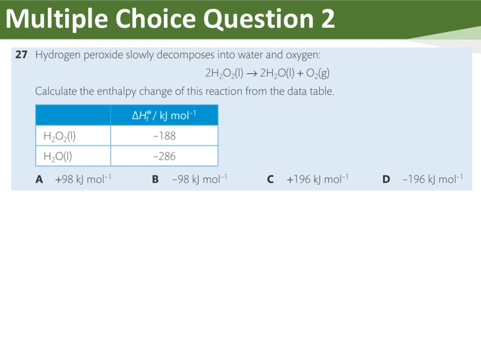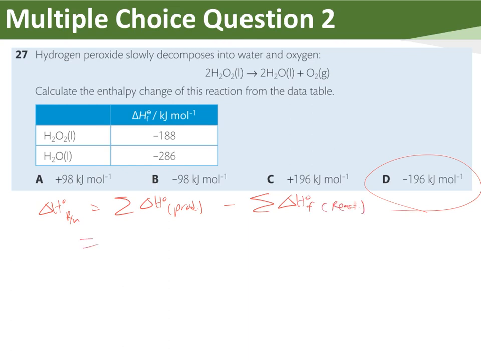So, correct answer, D. Let's see how we did that. We have delta H of reaction is the sum of the delta H of formation of the products minus the sum of the delta H of formation of the reactants. The products, I have 2 times water, which is negative 286.